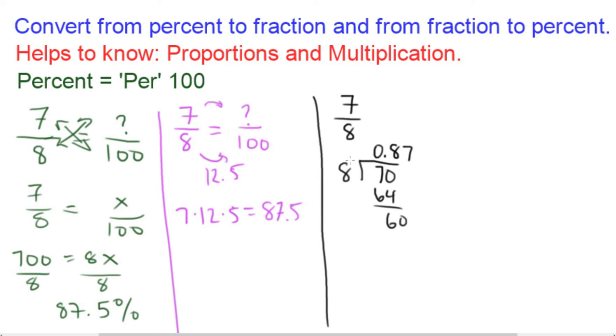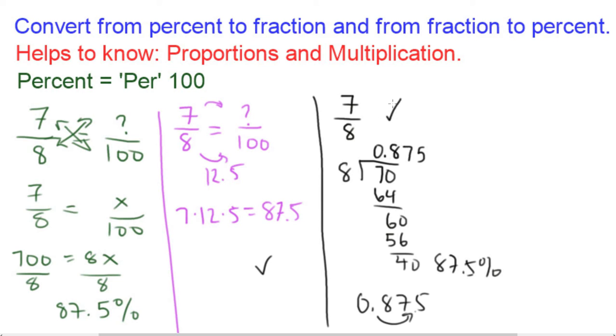That's 7 times 56. 4, 0, 5. Move it 2, so that's 0.875. I move it 2 decimal places. That gives me 87.5%. Out of these 3 methods, I use this one the most, but this one will always work. So that one can be your go-to if you're good with your fractions.